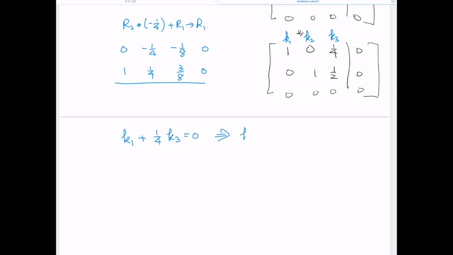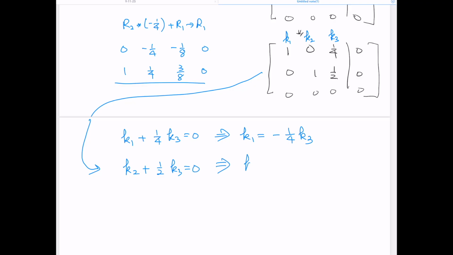From here, K1 equals negative 1 over 4 K3. From the second row, we have K1 times 0 is 0, K2 times 1 is K2, plus 1 over 2 K3, that is 0. From here, we have K2 equals negative 1 over 2 K3.